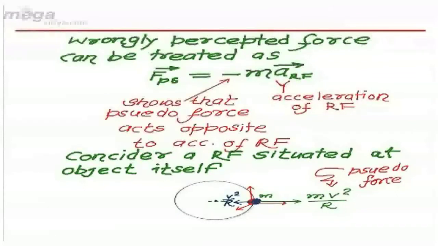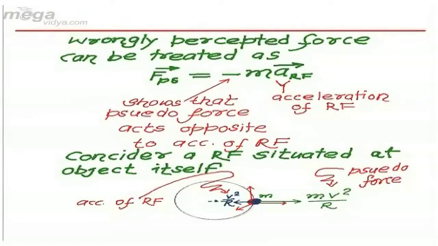I have marked it here by blue letters. V square by r is the acceleration of reference frame which is due to its velocity v on this circular track.